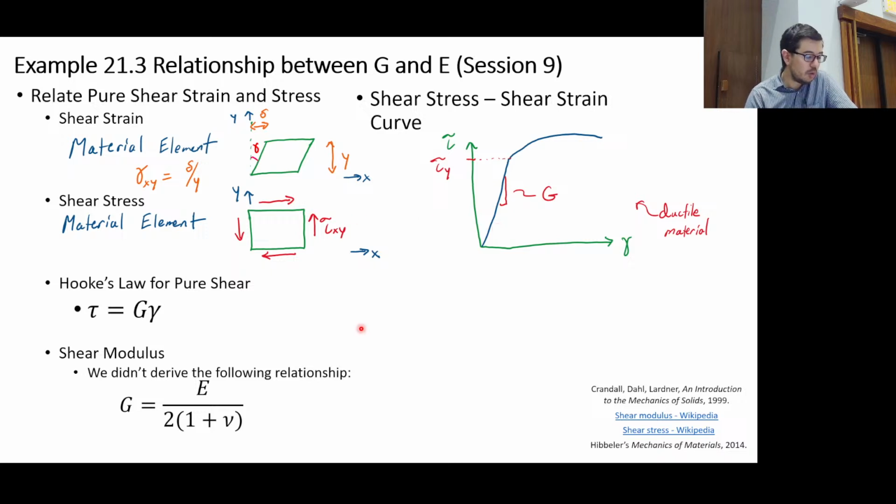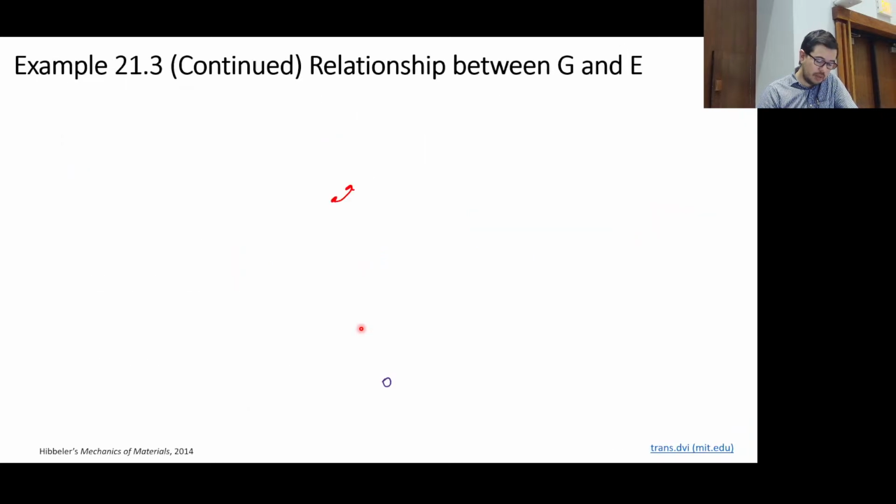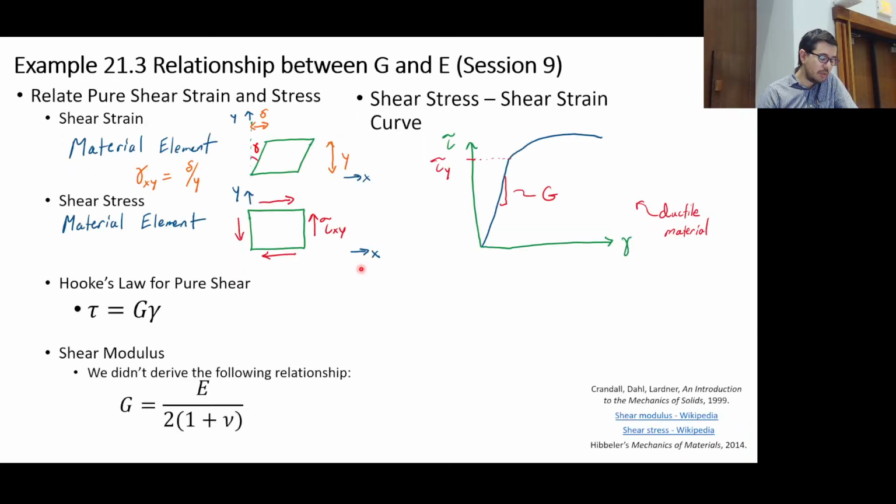So when we look at these expressions, what we have is that tau is equal to G gamma, and we can also figure out what G is by using this relationship. We didn't derive this relationship before. We said we'll derive it later. Well, today is our lucky day. We're going to derive this relationship.